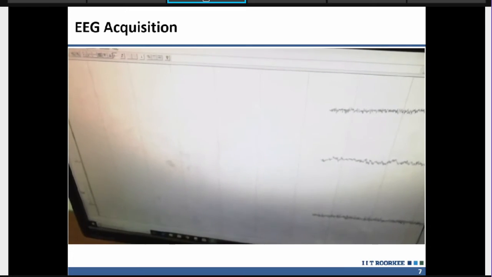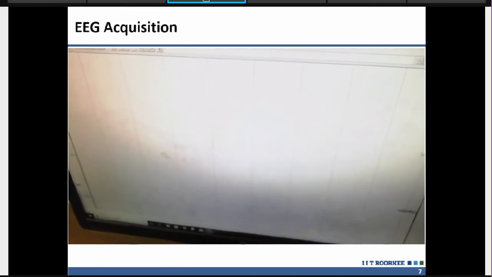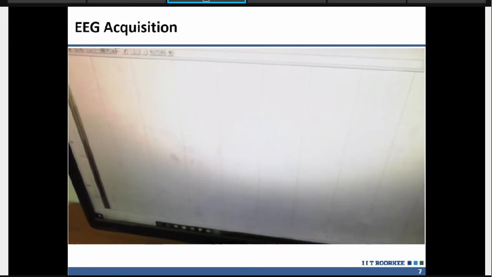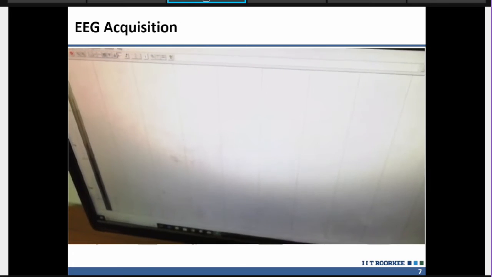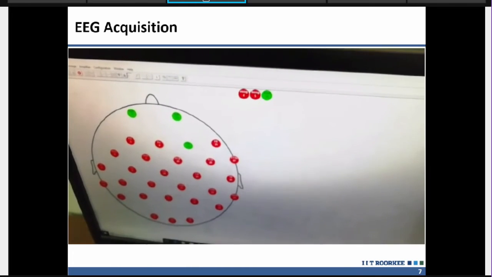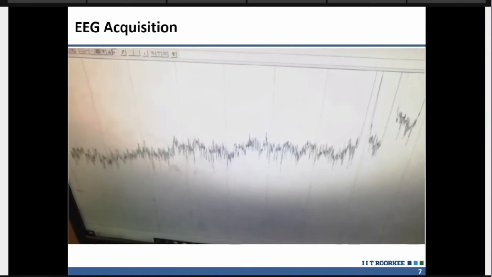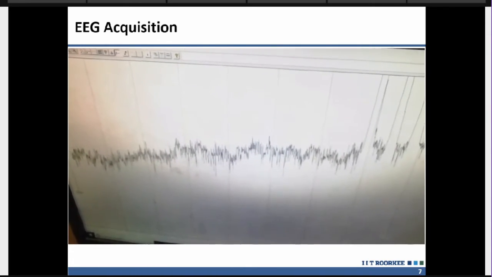So you see that when he is blinking the eyes, the signal will be different. Okay, then when he is not. See, when he is blinking, you see there is a change of this amplitude, this waveform.